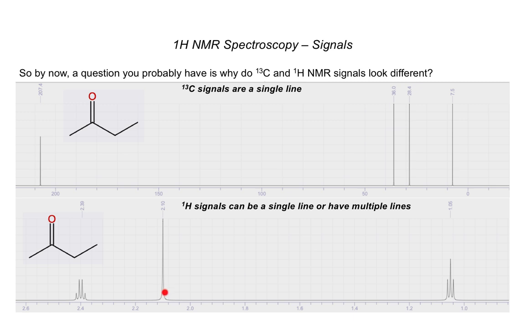There's a single line, you can see it goes up, and then it comes back down. This one has 4 lines, this one has 3 lines. Why is that? Another layer to the learning lasagna here is after you determine the uniqueness sets of hydrogen, you have to go one level deeper and now predict how each of those signals is going to look.